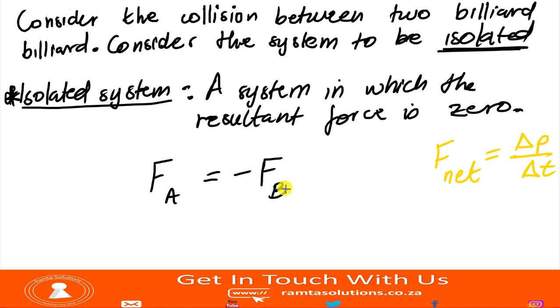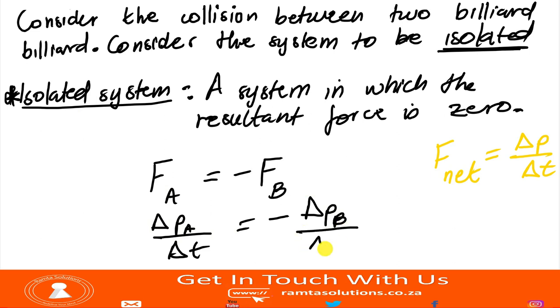So here, we're going to reuse this formula, but instead of net, I'm going to just write F of A. It means F of A, which is delta P of A over delta t, is equal to negative delta P of object B all over delta t.